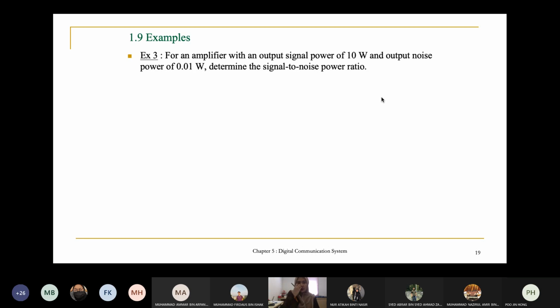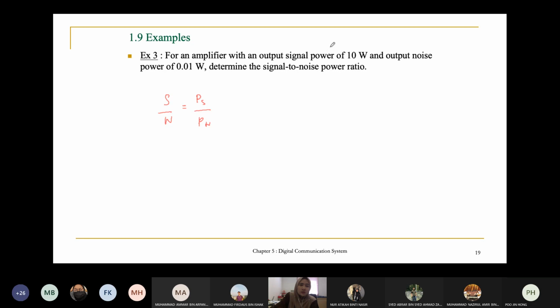Okay, so how to calculate? Signal to noise ratio S over N is equal to the signal power divided by the noise power.